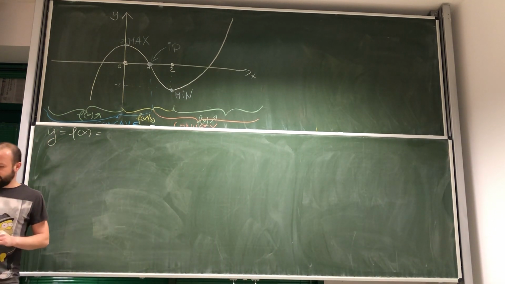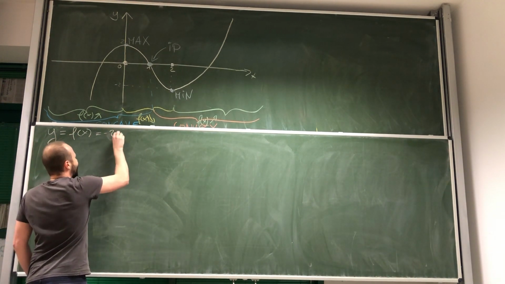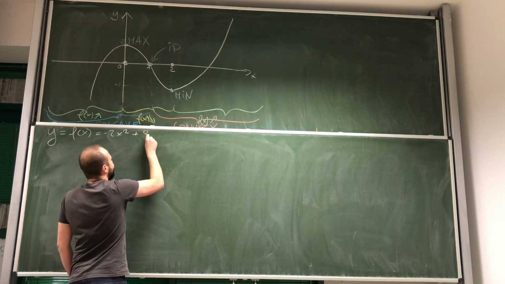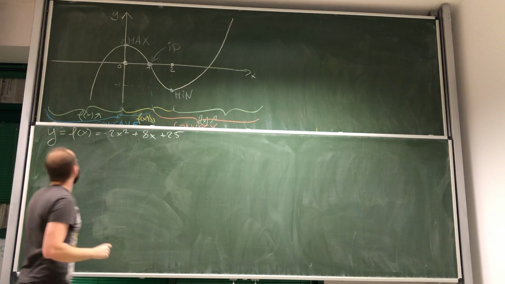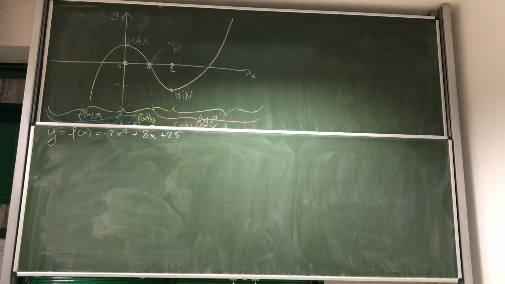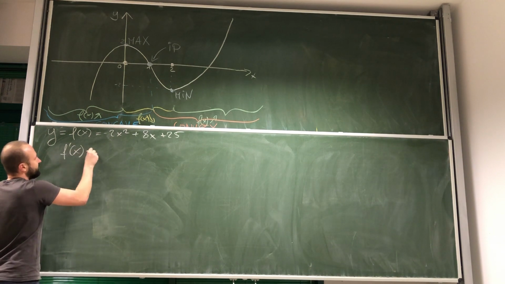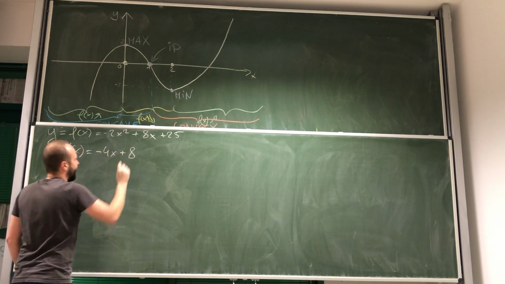Okay, so now we've got negative 2x squared plus 8x plus 25. So again we start by calculating the first derivative. And the first derivative in this case is negative 4x plus 8.